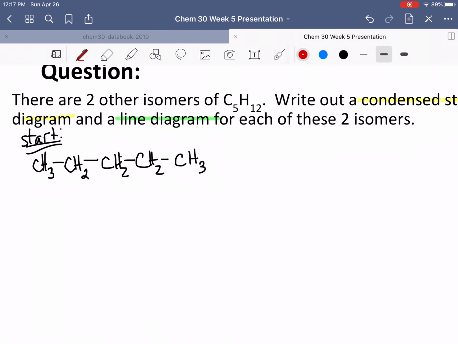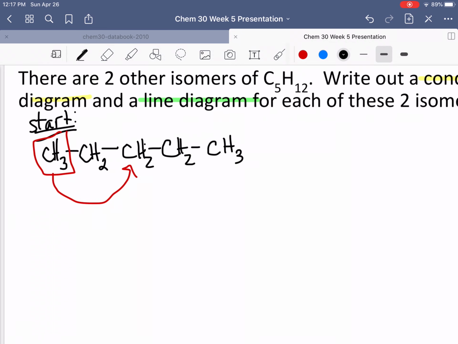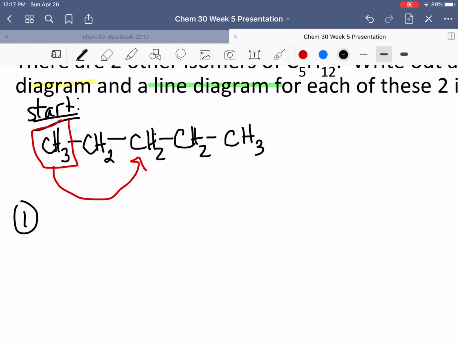Now, what we're going to do is move things around, play around with it. Now, just bending it isn't enough. You have to actually make a new structure. So if I take this carbon and say move it onto here, let's see what we end up with. And isomer number 1. I now have 4 carbons in a row, right? So I'm going to go 1, leave a little space, another carbon, leave a little space, another carbon, leave a little space.